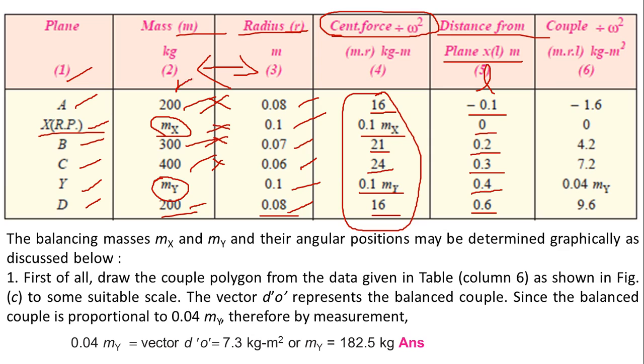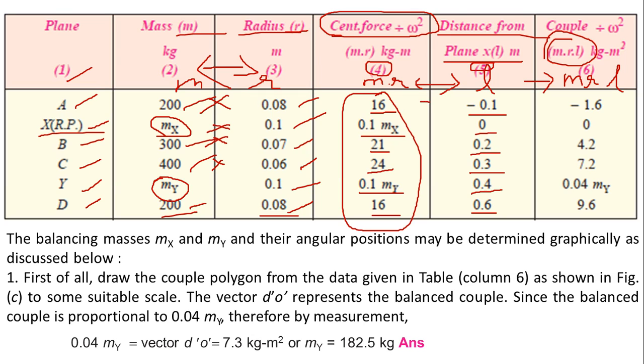Okay, so this was M, then R, then this is M into R. Now this product, M into R, you have to take now into L. So we will get here MRL, M into R into L. Okay, so the product of column 4 and 5 gives the last column, that is 6.